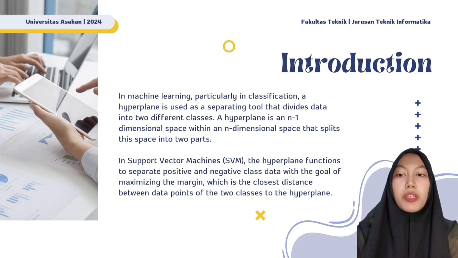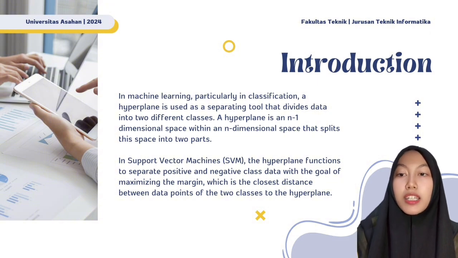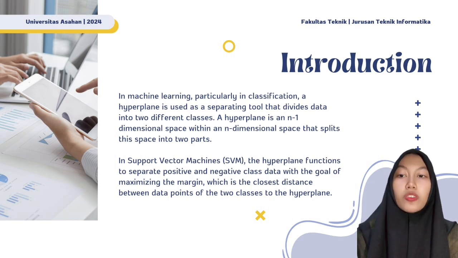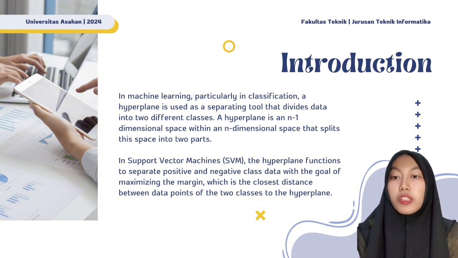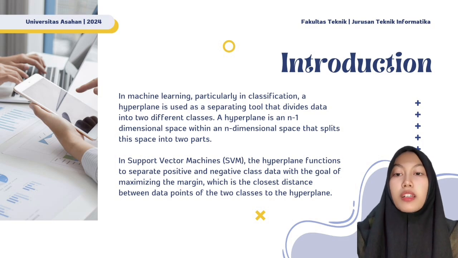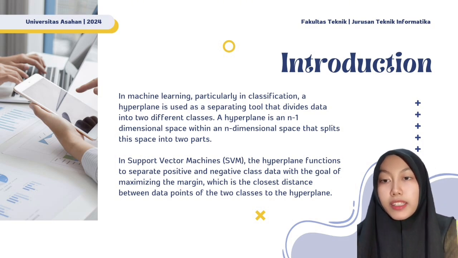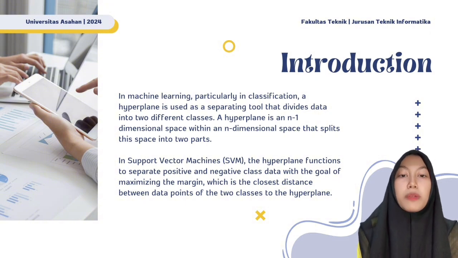Introduction. In machine learning, particularly in classification, a hyperplane is used as a tool to divide data into two different classes. A hyperplane is an n minus one dimensional space within an n-dimensional space that splits this space into parts.